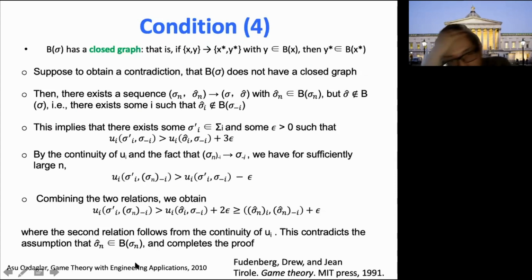So the last bit is that this has a closed graph. The graph of the function is basically a joint set, a Cartesian joint set of the input and output.